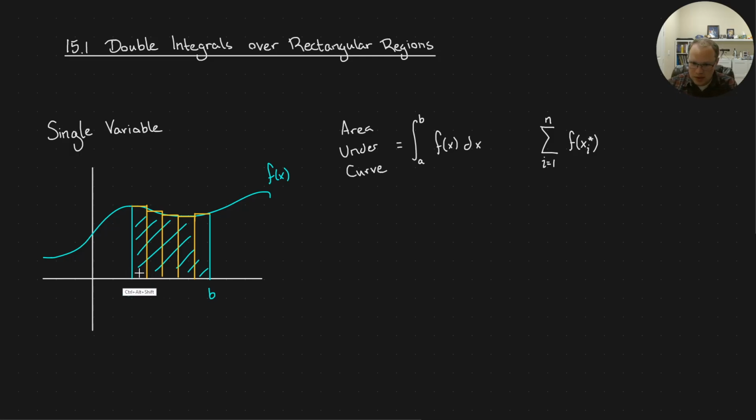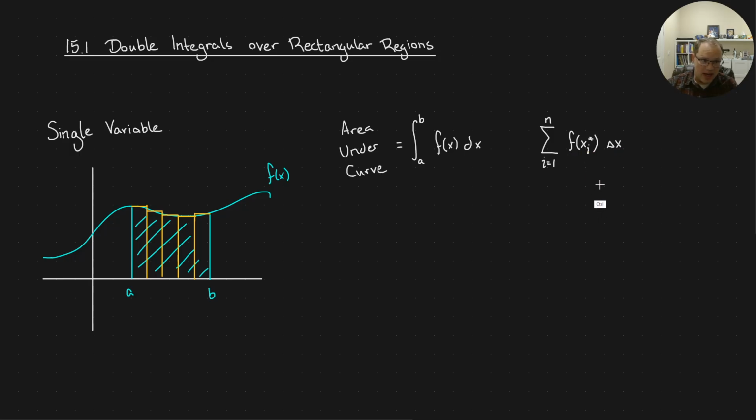Right? So the idea was you'd pick some x value right here. You plug it into the function, it will tell you the height. Right? And the next rectangle, maybe it's right here. You pick the x value here, plug it into the function, it gives you the height. And then multiply it by the base of the rectangle. Area of a rectangle is just base times height.